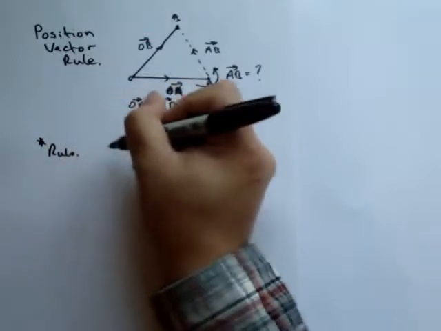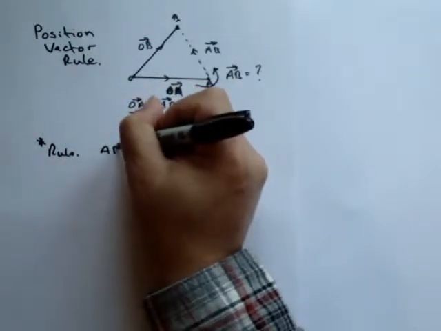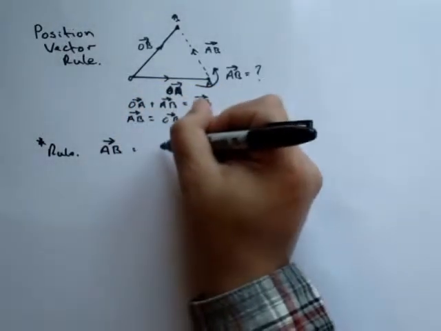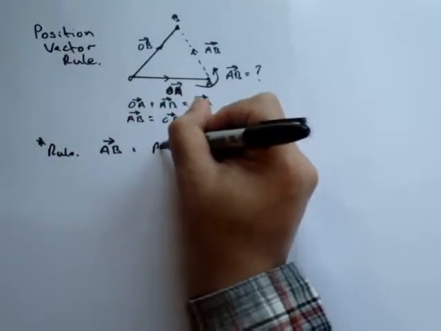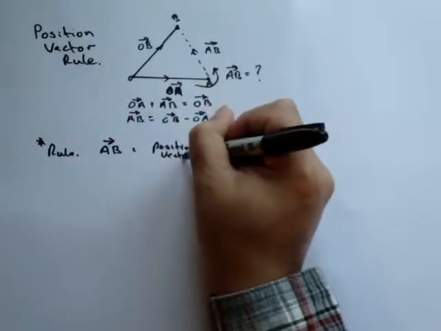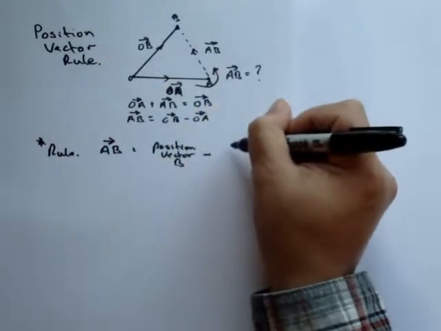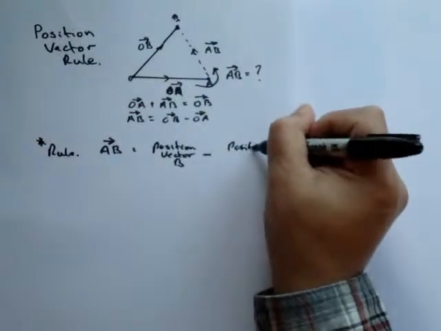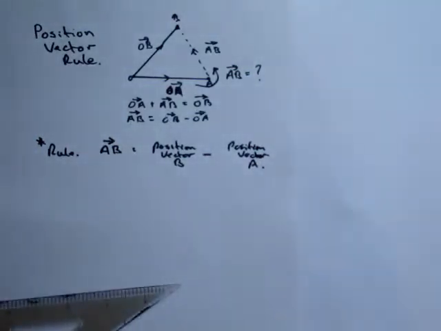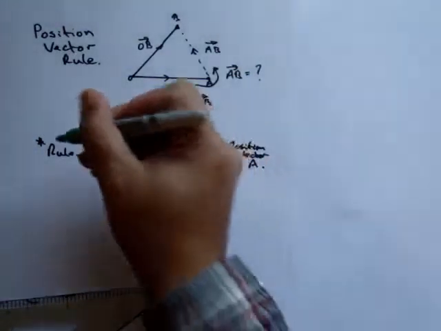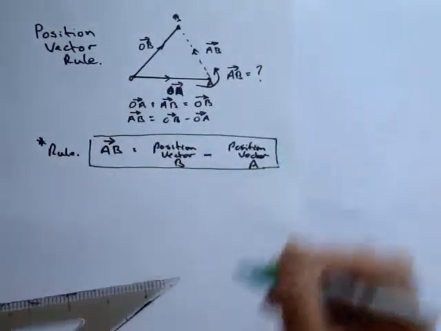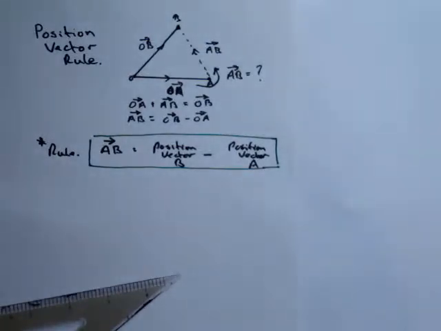So the rule is, if we want the position vector A to B, we get the position vector of the second one, which is position vector B, and we subtract from that the position vector of A. And that is our rule. So let's put that in a little box. So quite an important rule which we'll come across again and again.